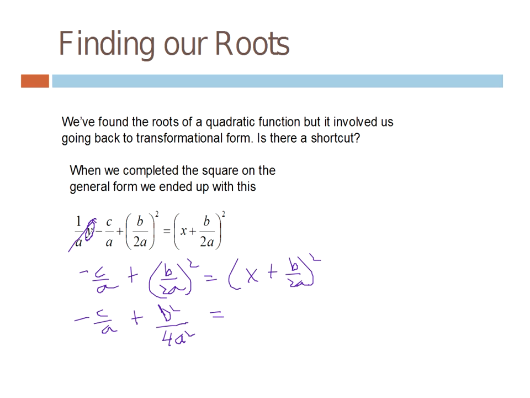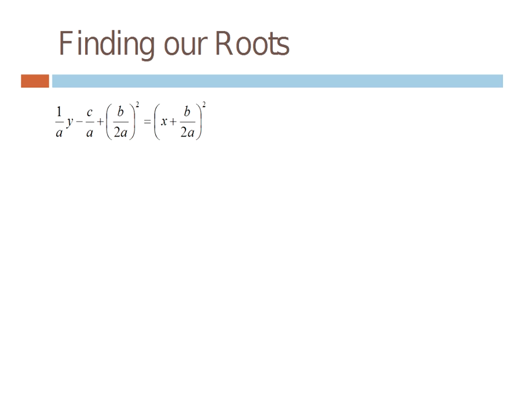So now I need a common denominator to add these fractions. So I'm going to multiply by a form of 1, 4a over 4a. That gives me negative 4ac over 4a squared plus b squared over 4a squared equals x plus b over 2a all squared.